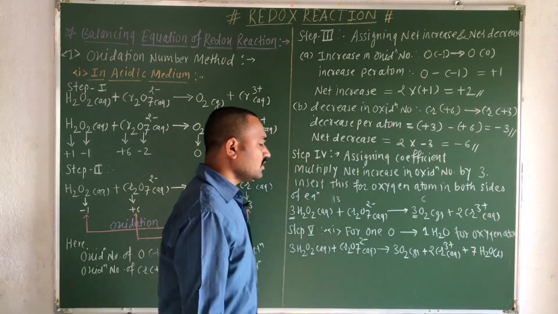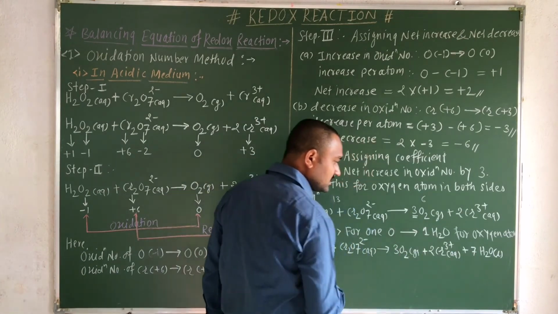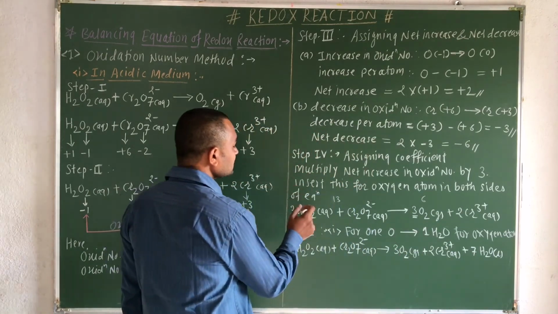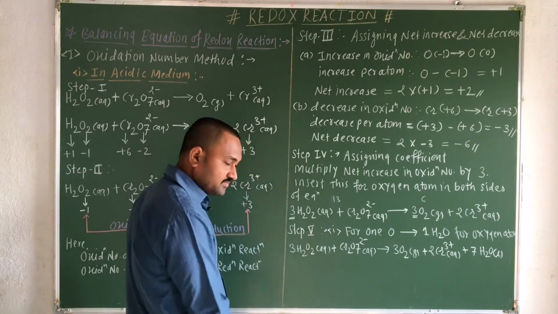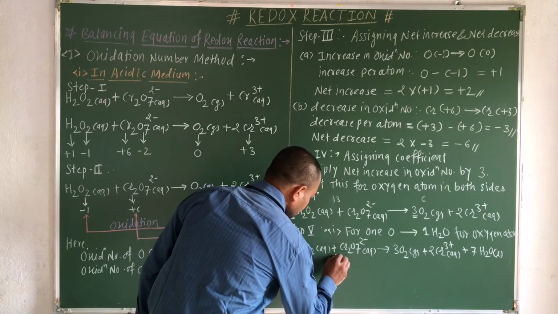Okay, so now the oxygen atoms are balanced on both sides. Now similarly, in this step 5, we are going to balance the hydrogen atom.